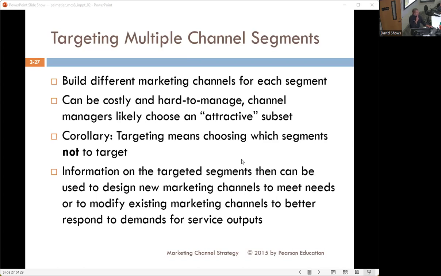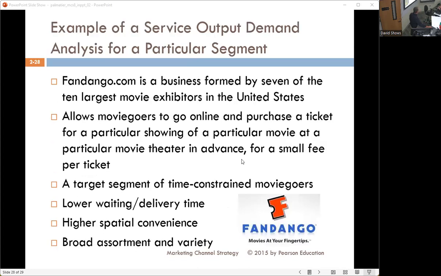So the last is to give you kind of an example of how this works, and one in your own modern era. Any of you order your movie tickets online? Yeah, we all do, of course. Well, one of those groups that has gotten into marketing channels was Fandango. And Fandango was actually formed by 7 of the 10 largest movie exhibitors. And they were looking at channels as their way of focusing on a segment.